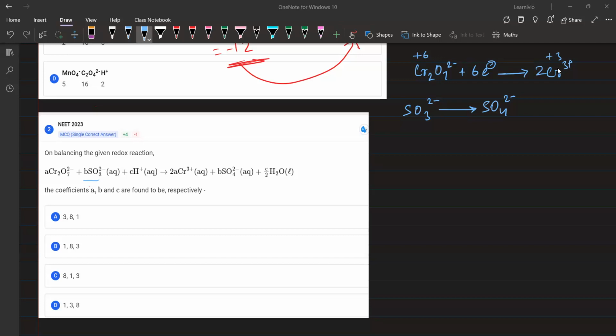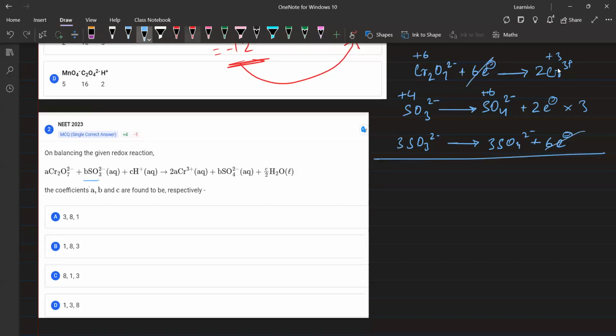In the final equation, the 6 electrons will be cancelled. The final equation is Cr2O7 2 negative plus 3 SO3 2 negative gives 2 Cr3 positive plus 3 SO4 2 negative.